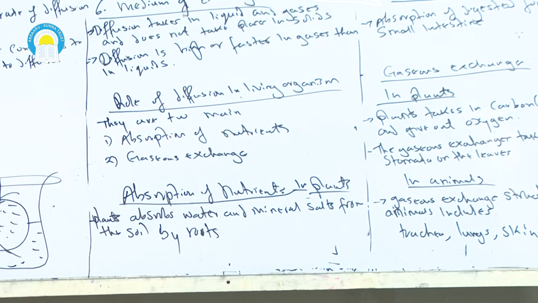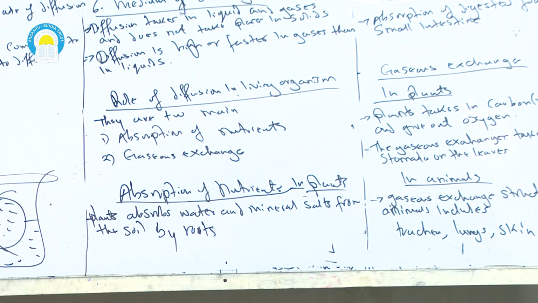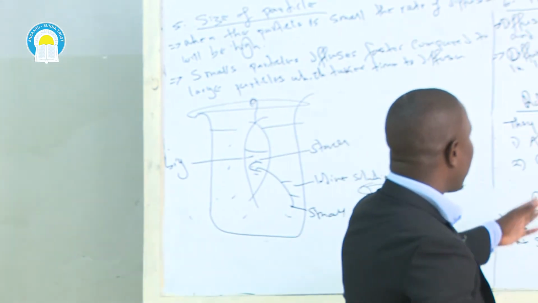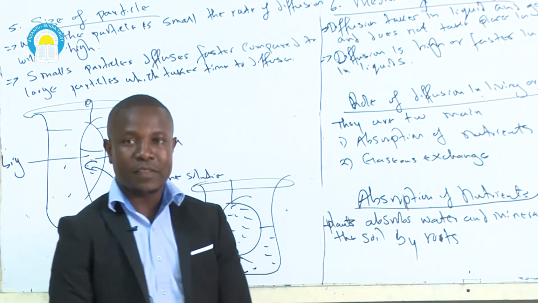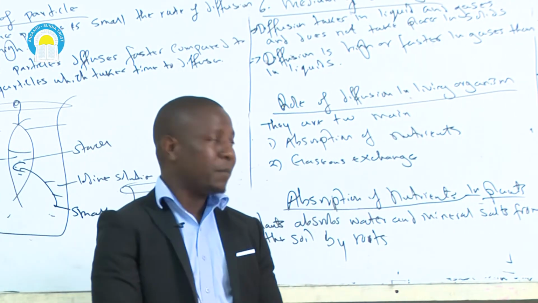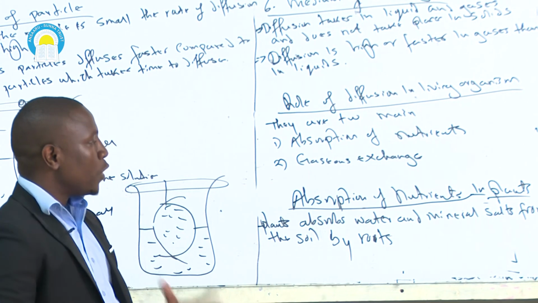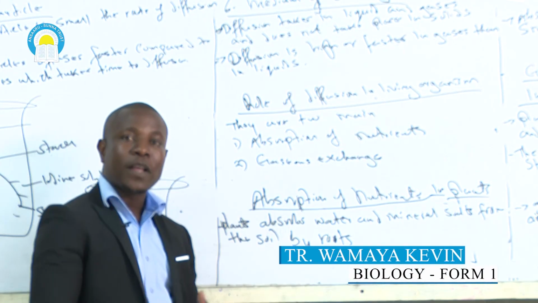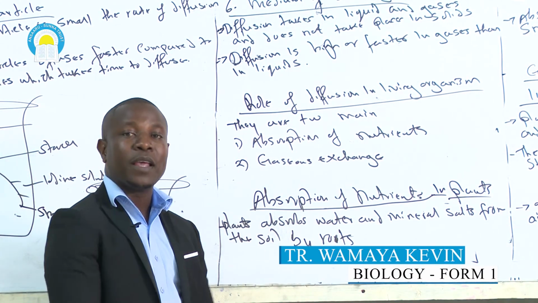So if you're asked in an exam, give the main roles of diffusion in living organisms. There are two: absorption of nutrients and gaseous exchange. If you have to split them further, in absorption of nutrients, you say in plants, roots absorb water and mineral salts from the soil.